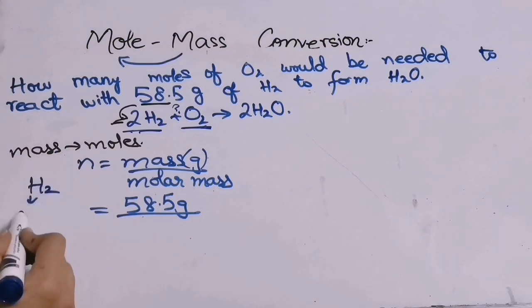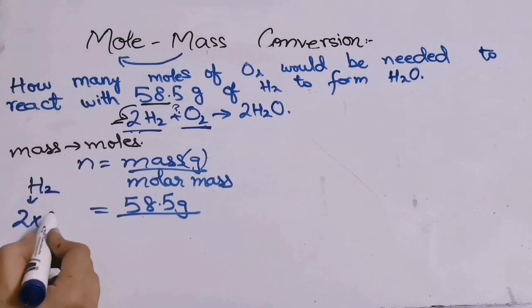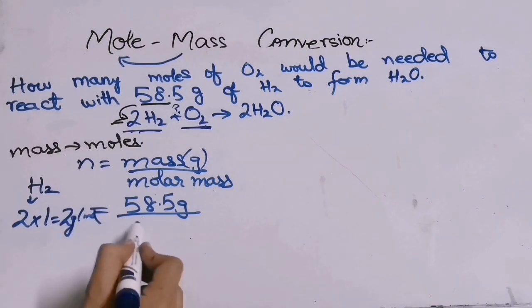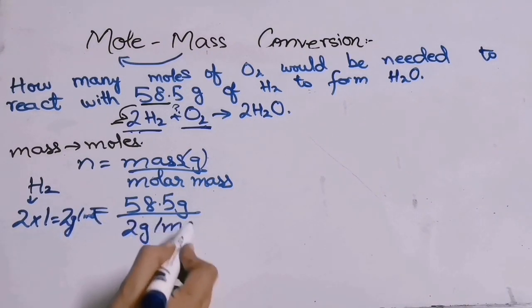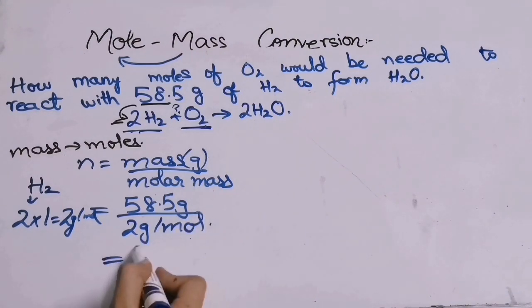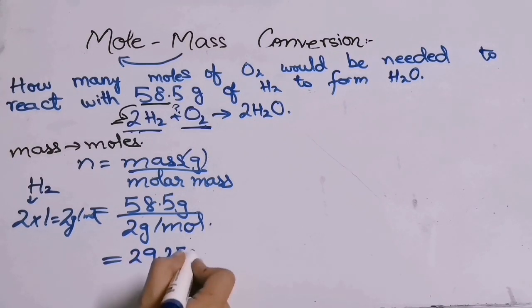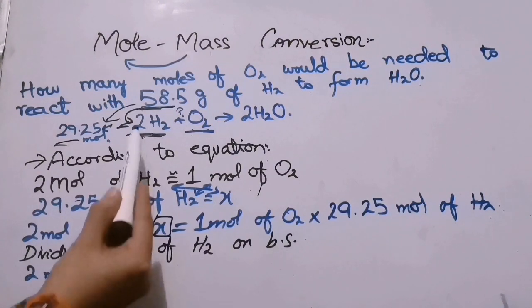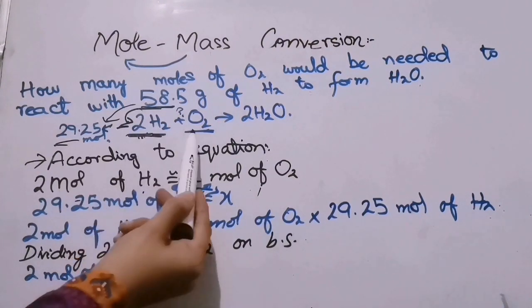How many H are we having? 2. And what is its atomic mass? 1. So we have molar mass 2 gram per mole. So here we will write 2 gram per mole. And after calculating it, we will get an answer 29.25 mole.